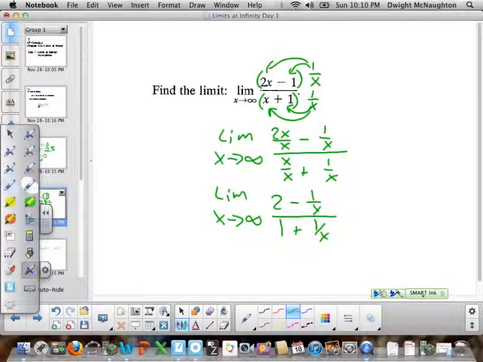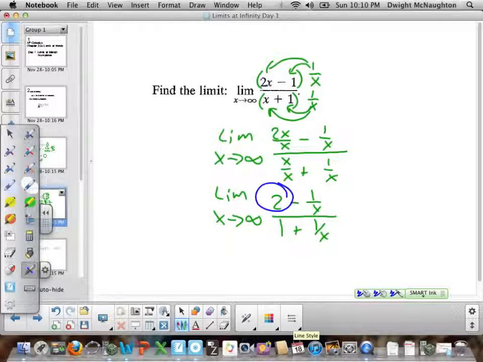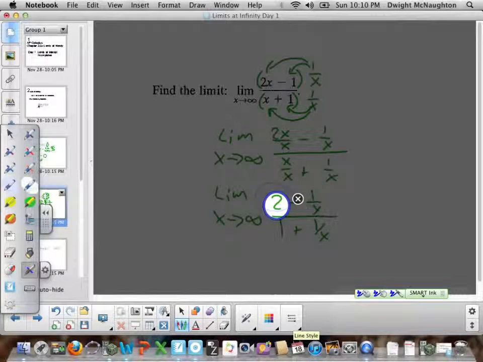Now as we approach infinity on each piece, 2 will stay the same. There's no variable. We come over to 1 over x. If we take $1 and divide it amongst an infinite amount of people, everybody gets nothing. So this ends up being 2 minus 0 up top.